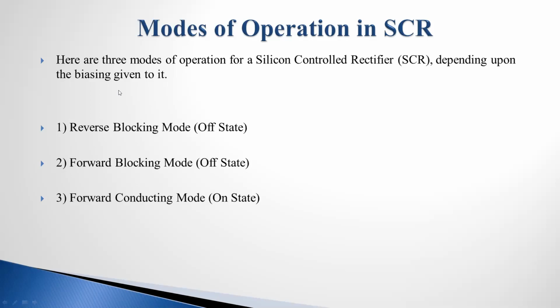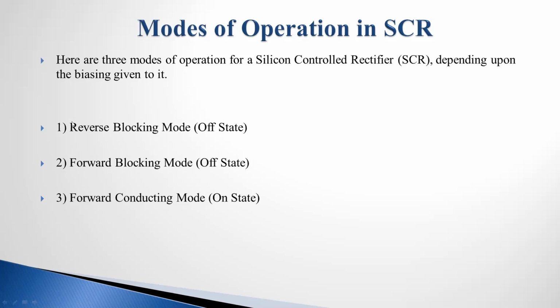It's a very important point. You have to remember in how many modes the SCR operates, and give the answer directly: the SCR operates in three modes. First the reverse blocking mode, second the forward blocking mode, and third the forward conducting mode, or on state. The first two are off states and the third one is the on state.